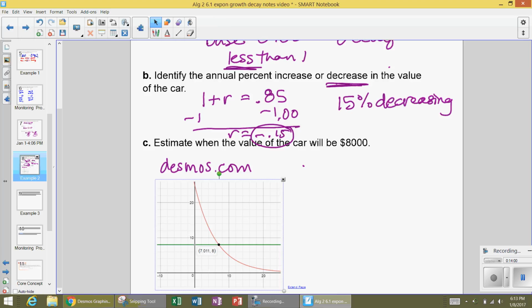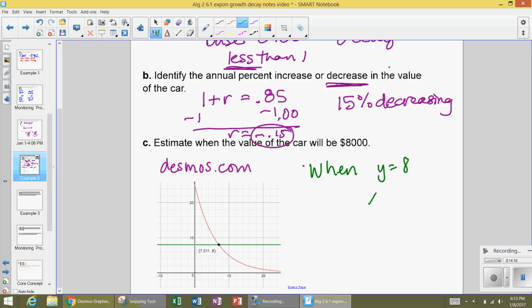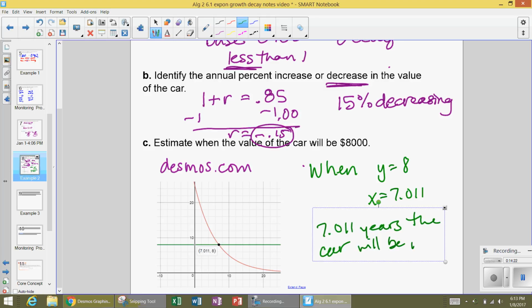And so when y equals 8, x equals 7.001. So in 7.001 years, the car will be worth $8,000.